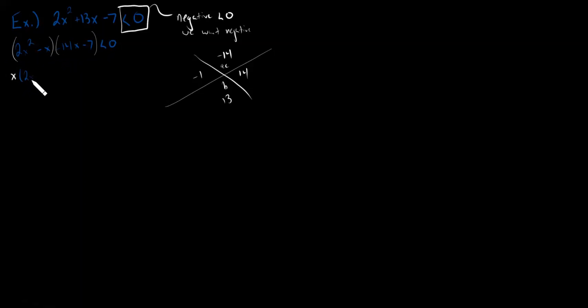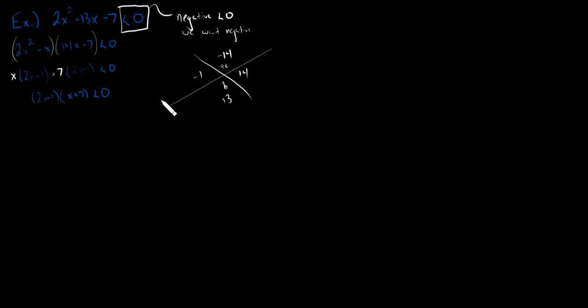So I factor out an x to get x times a quantity of 2x minus 1. And between 14x and negative 7, I can factor out a positive 7. And when I factor out a positive 7, I get 2x minus 1. And that's exactly what we need to happen. We have a common factor of 2x minus 1, so I can factor that out. And our other one is made up of the x plus 7. Remember, we bring down x and positive 7. And these are our factors, okay?